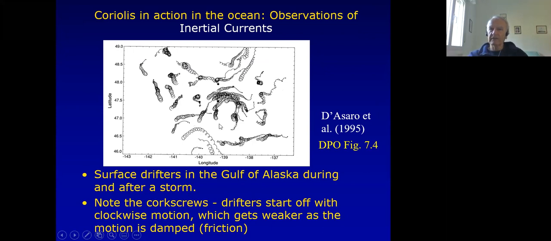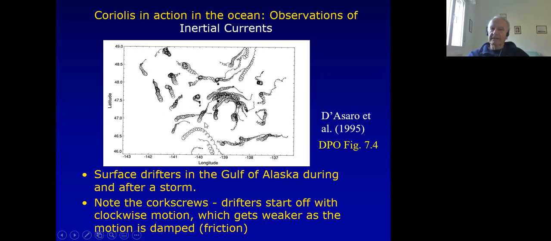All of these drifters show these corkscrews, this rotating motion, but since there is an average current superimposed on it, it's not a closed circle, but it's open because the mean current takes these drifters in one direction.